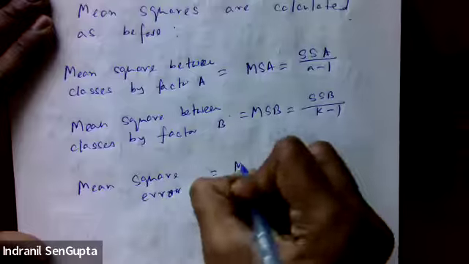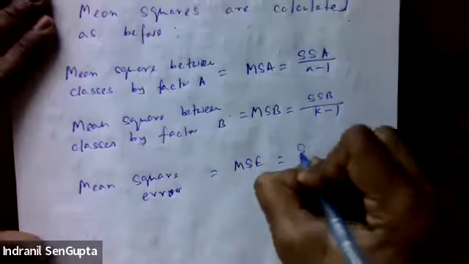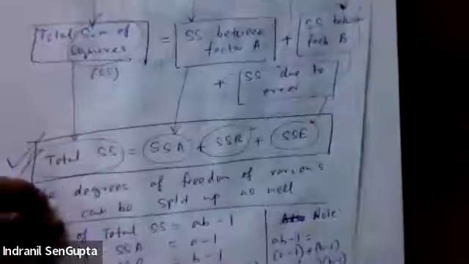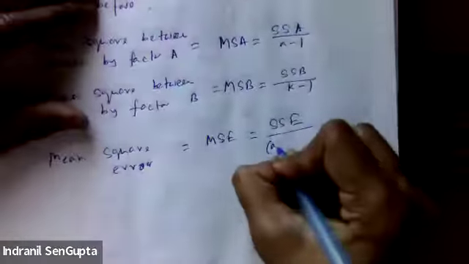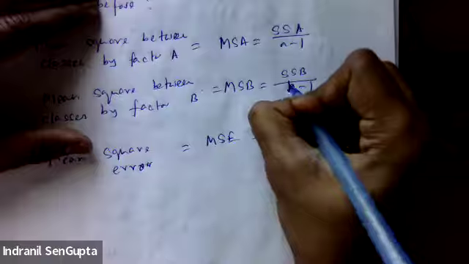You must have seen it in the last ANOVA as well. It's MSE. It's basically SSE over A minus 1 times B minus 1.